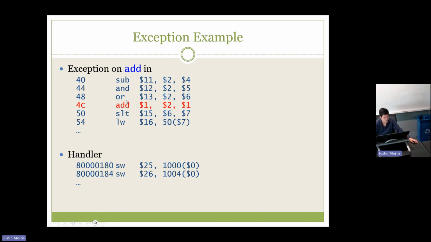So here is an exception example. We have this code. We execute the subtract, then an and, then this or, and then say this add has some error that it throws. Maybe it's overflow, something like that.